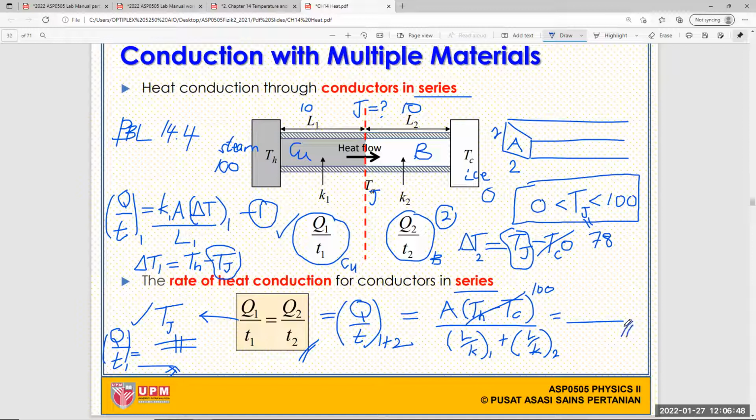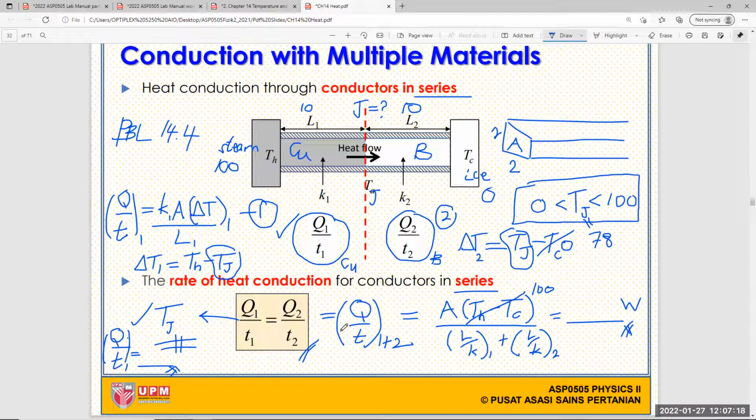You can confirm your answers for the 3 values. The unit is watt, or joule per second. This is the short method: you can get your Q over T for overall. But this value is also equal to Q1 over T1 and Q2 over T2, and to confirm yourself, you use the TJ values for both 1 and 2.